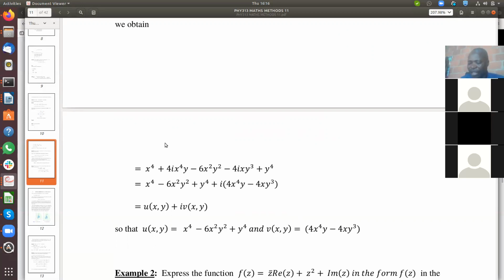If you have that, we know that in complex numbers, z is equal to x plus iy, and we also know that we can find the complex conjugate of z.